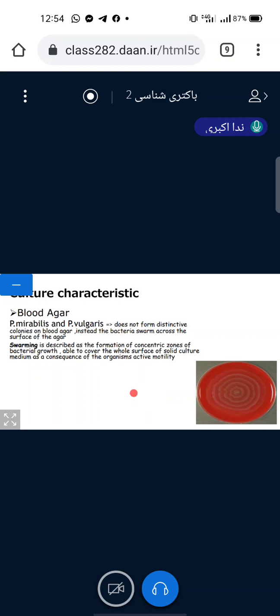Swarming is described as the formation of concentric zones of growth of bacteria like this. This kind of motility is special just for these bacteria, and they cause UTI, urinary tract infection, especially in patients who are in hospital. And this bacteria is urease positive.